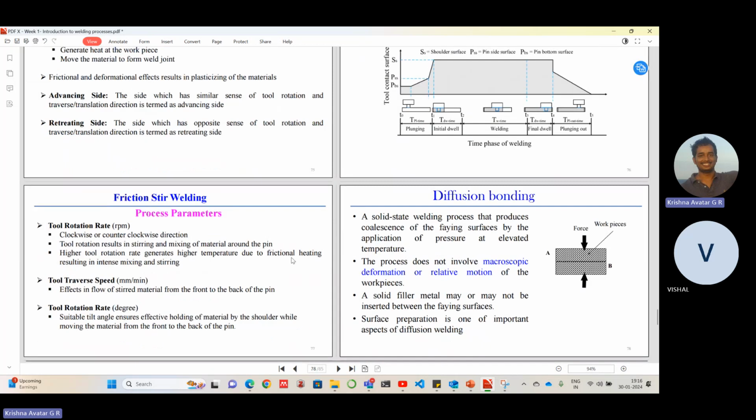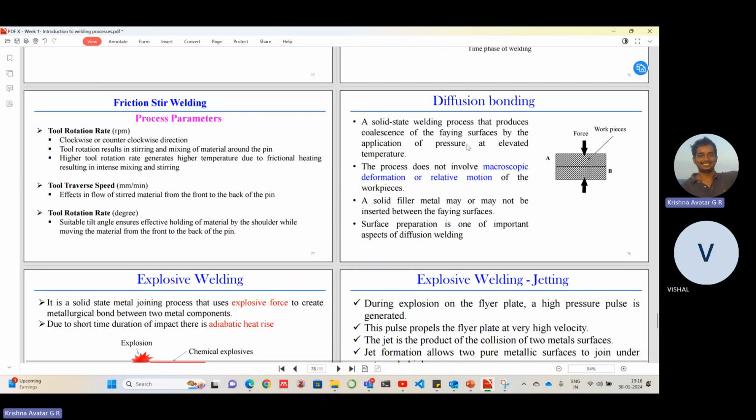Then we come to diffusion bonding, a solid state diffusion welding process that joins the mating surfaces by the application of pressure at elevated temperature. In this case, everything takes place through diffusion.